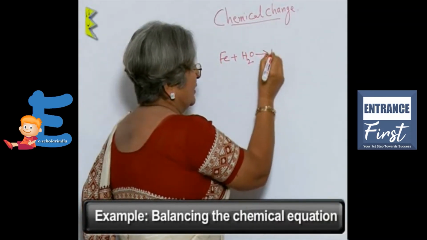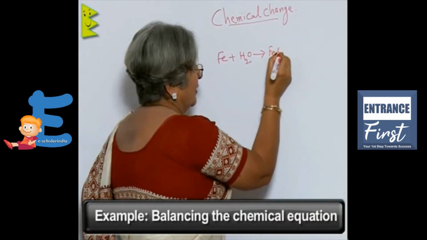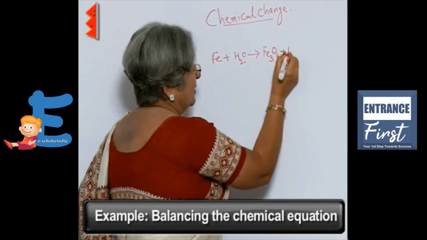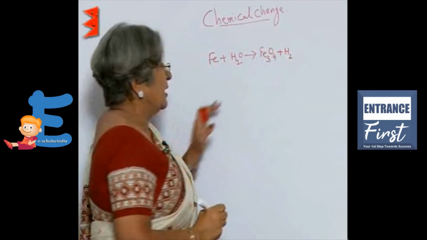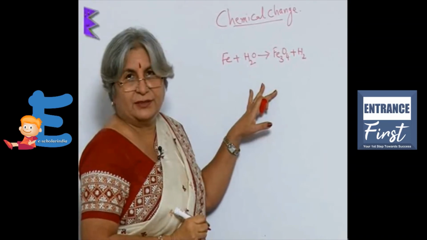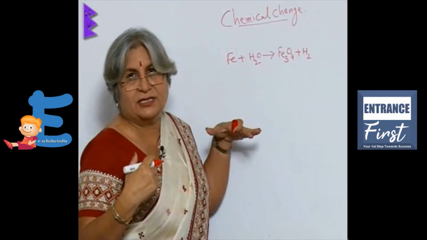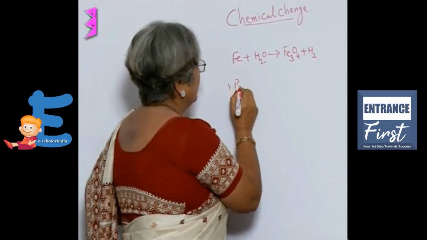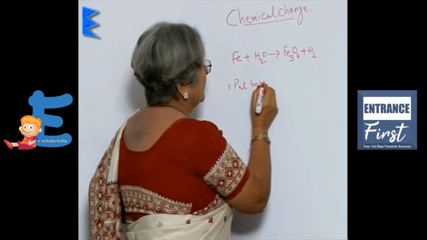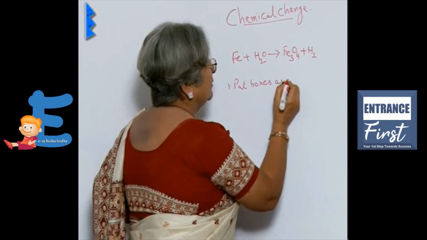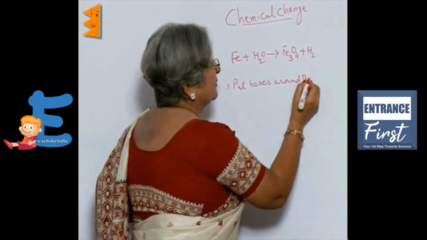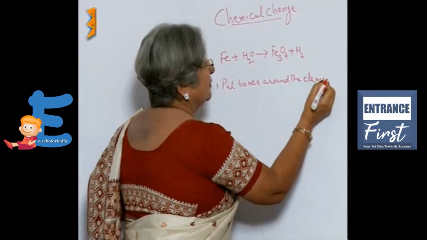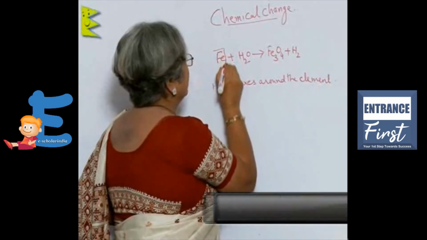Iron plus water gives us ferric oxide and hydrogen. Now how are we going to do it? So this time I will tell you the steps. First step is that we put boxes around the element like this.